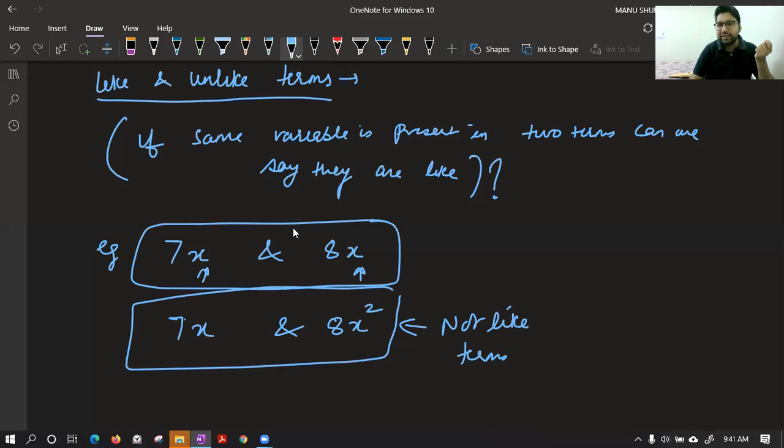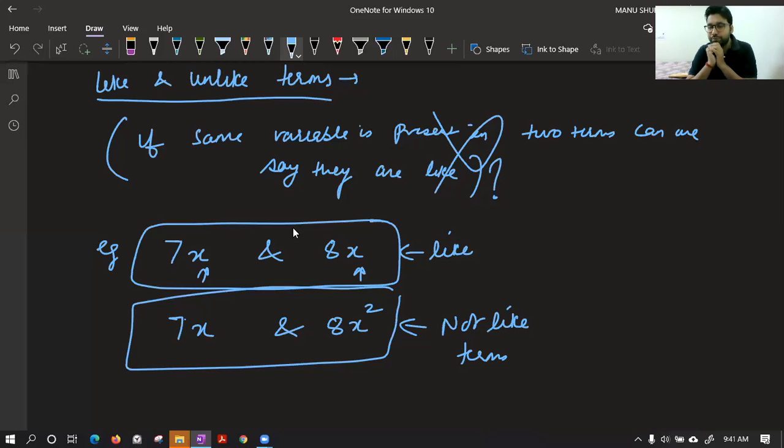So saying this thing is not correct. You have to see the variables as well as the exponents on them. They should be the same, and then these are like. Just having the same variable is not enough. The power of that variable should be the same.